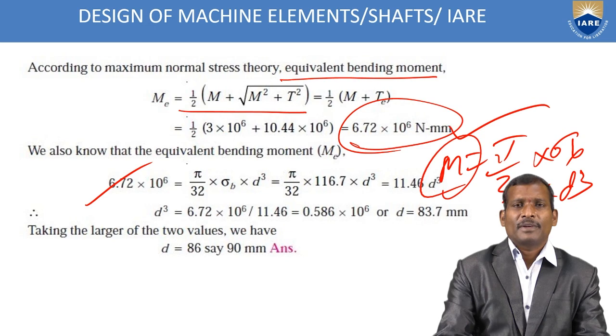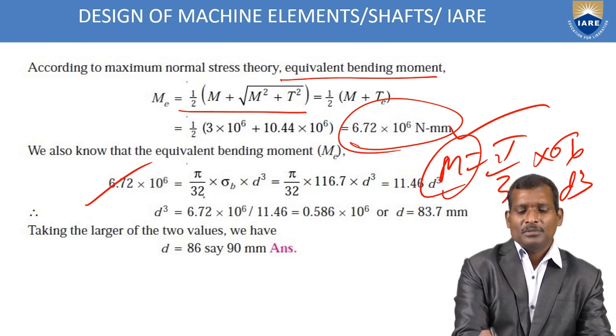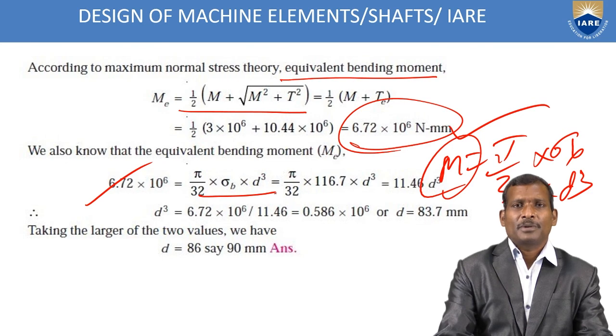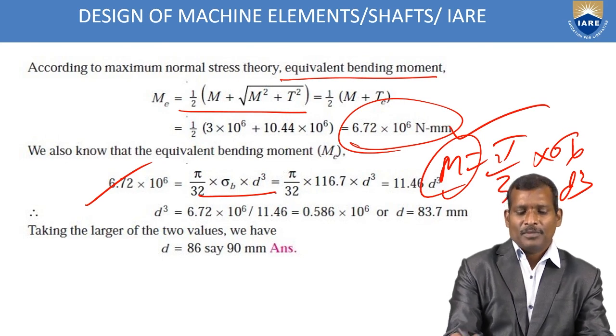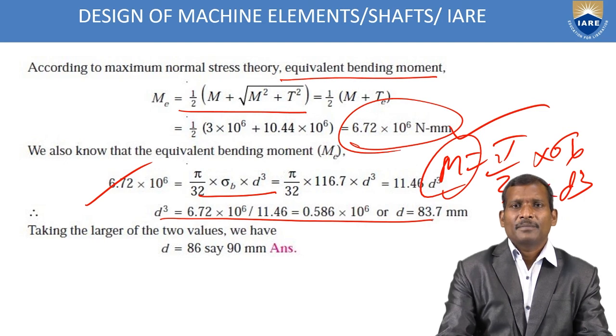But in this case, when the shaft is subjected to torsion and bending moment, we need to calculate the equivalent bending moment and equivalent twisting moment. These give us the actual bending moment value. So now equate to the equation pi by 32 into sigma b into d cubed and find the diameter.